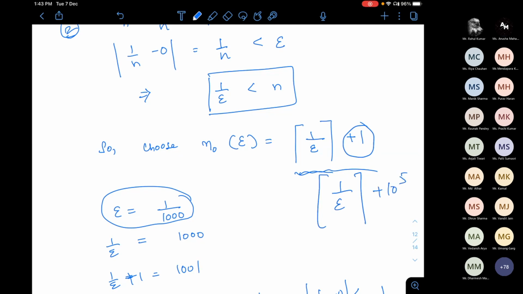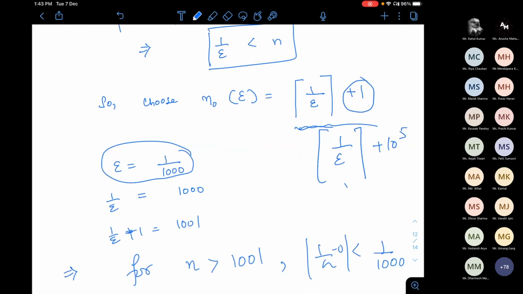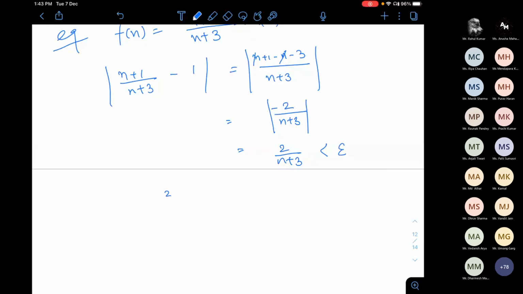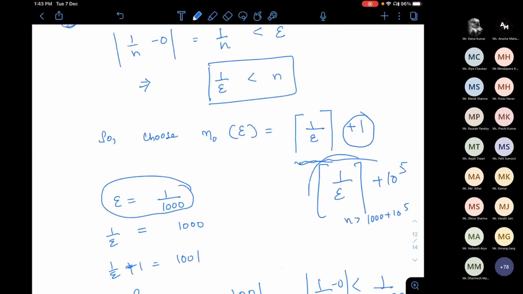I have to choose just one n naught, my choice, your choice basically, unless it is written in the question what the least n naught is. If they ask about the least n naught, then we should answer 1001.